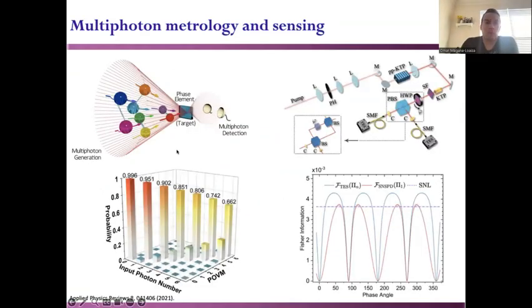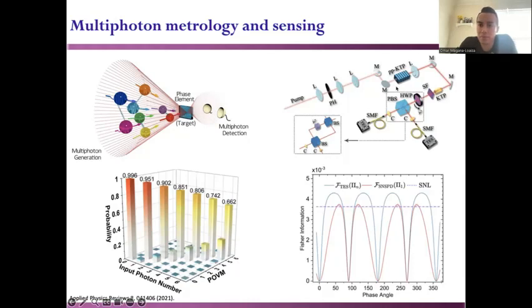So the most popular technique or the straightforward application is for metrology. The idea is that you inject these photons and then you sense a target element like that, and then use your multi-photon detection to provide information about this phase object.